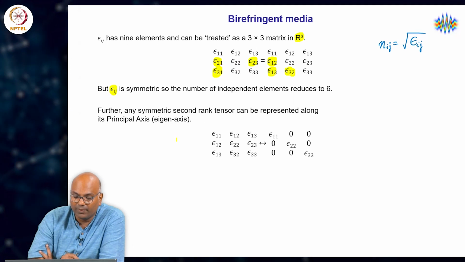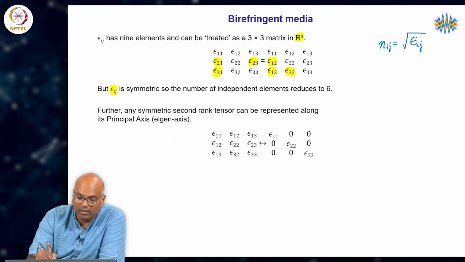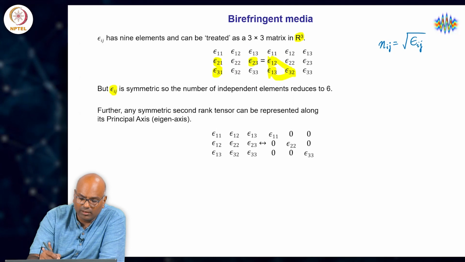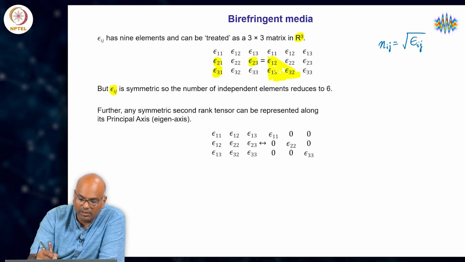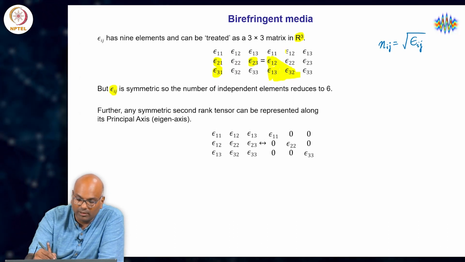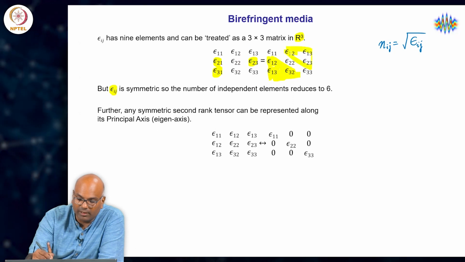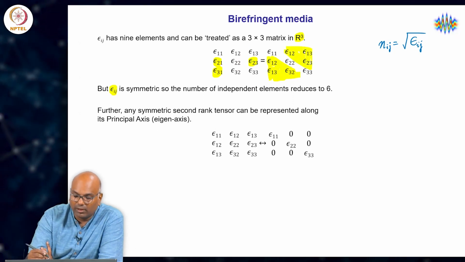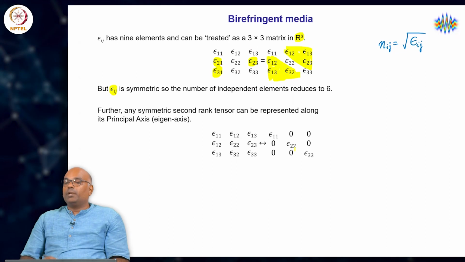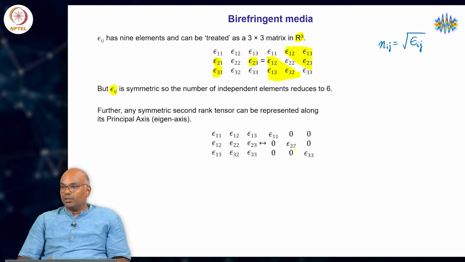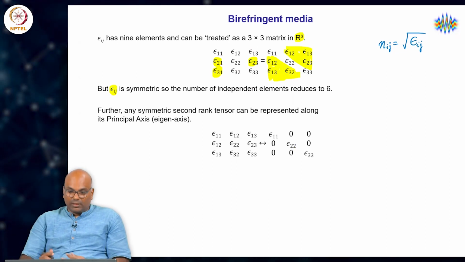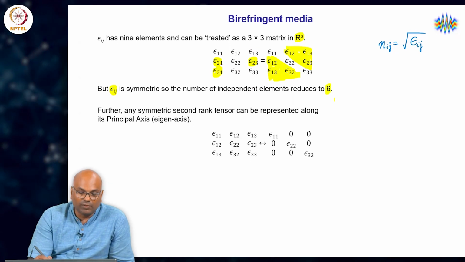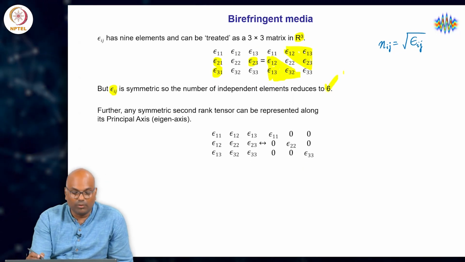Therefore, you can say that the lower diagonal elements are equal to the upper diagonal elements in this matrix, right. So the number of independent elements in a general orientation is reduced to 6 from 9, okay.